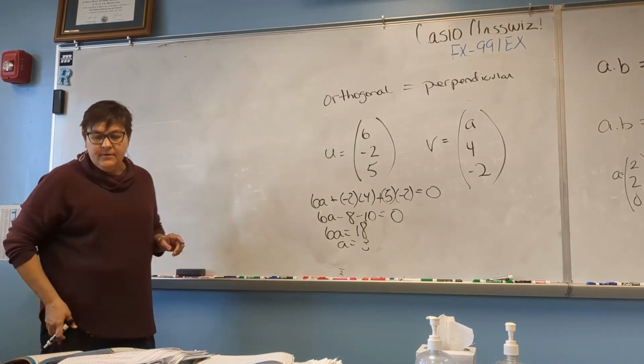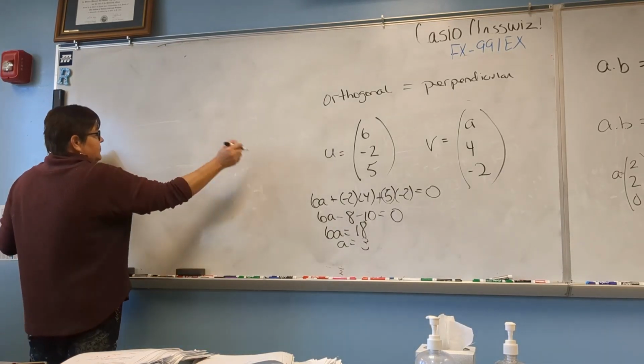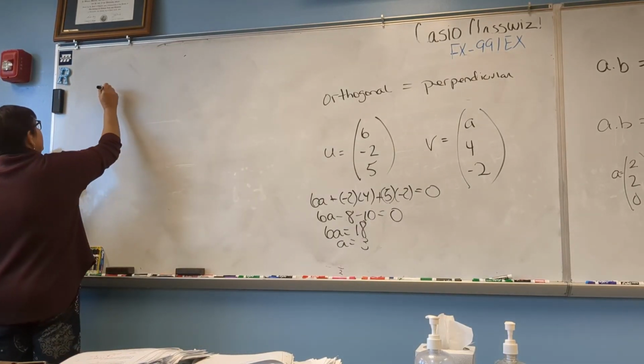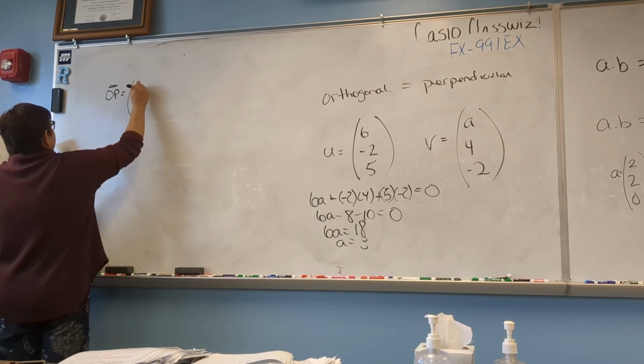All right, let me give you another kind of example. Oftentimes we call position vectors by symbol letters. Sometimes they're given in this format, and I'll talk to you about that in a second.